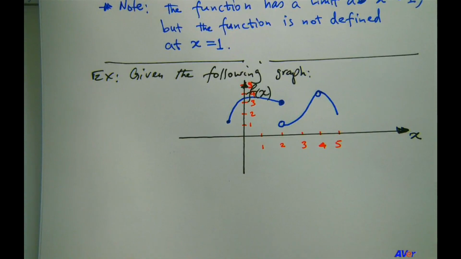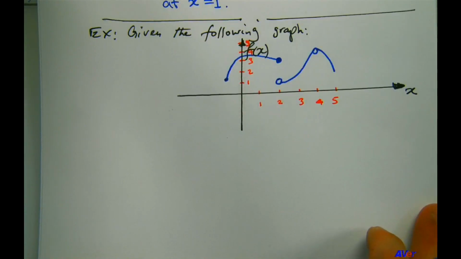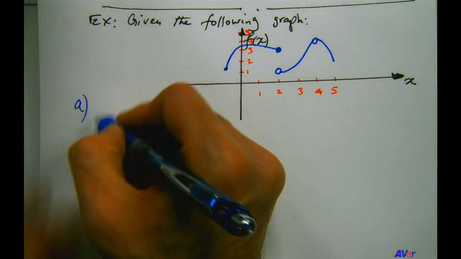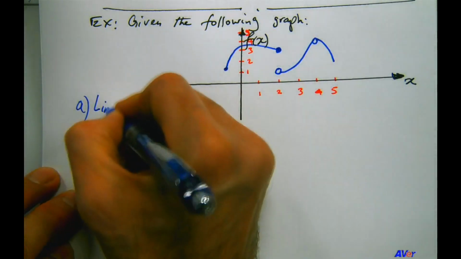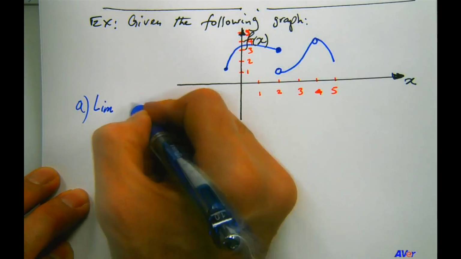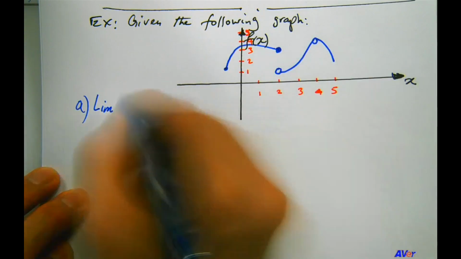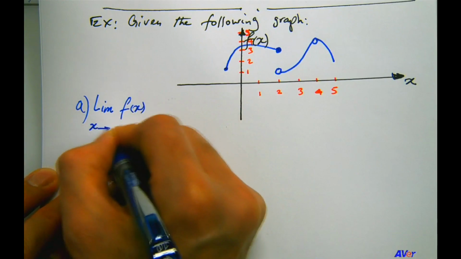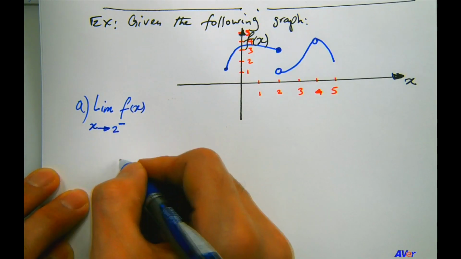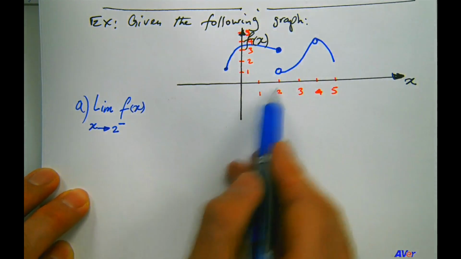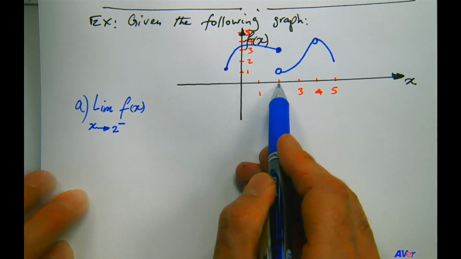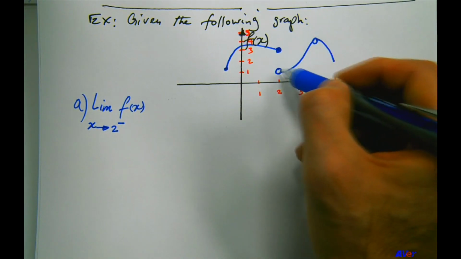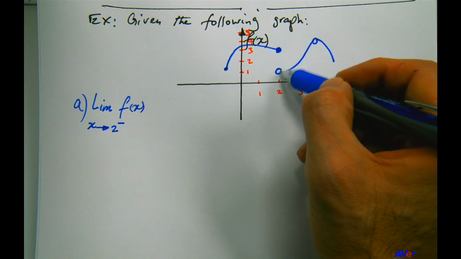And the questions are as follows. Part A, we want to know the limit of f of x as x approaches 2 from the left. Okay, so as x is approaching 2 from the left, with this piece, it doesn't have a value because it's a hollow circle.